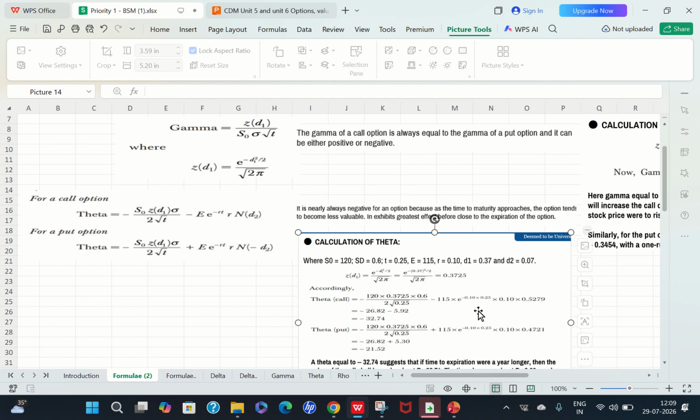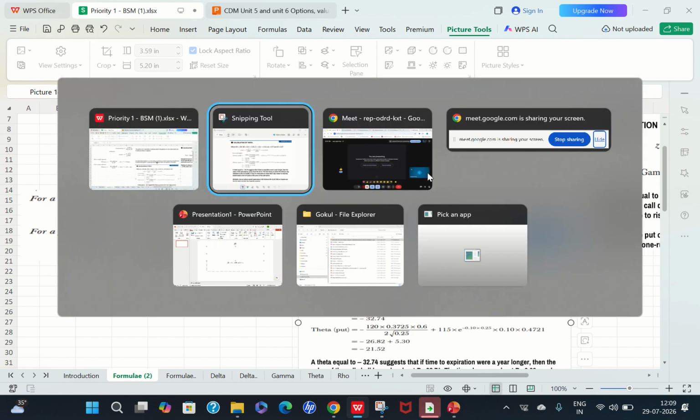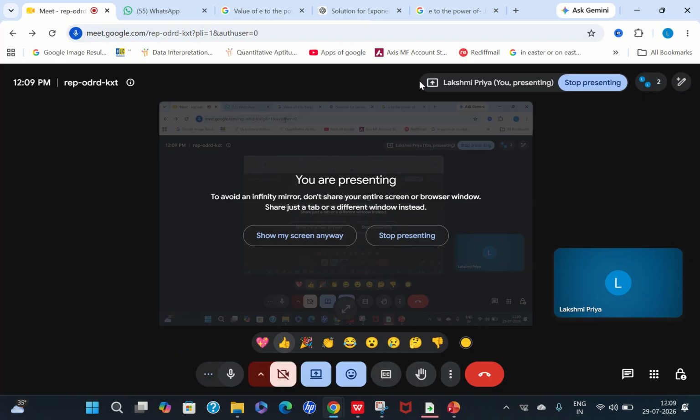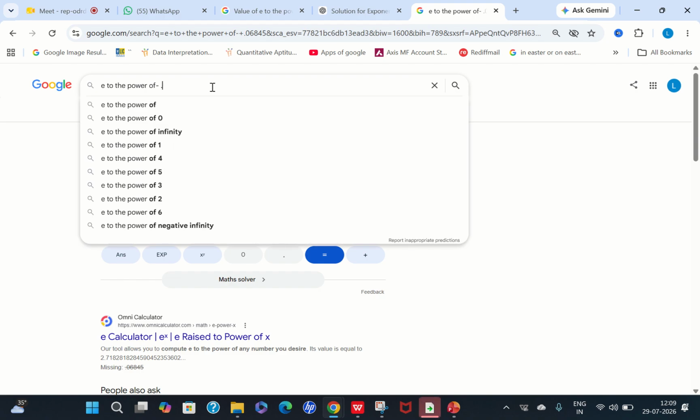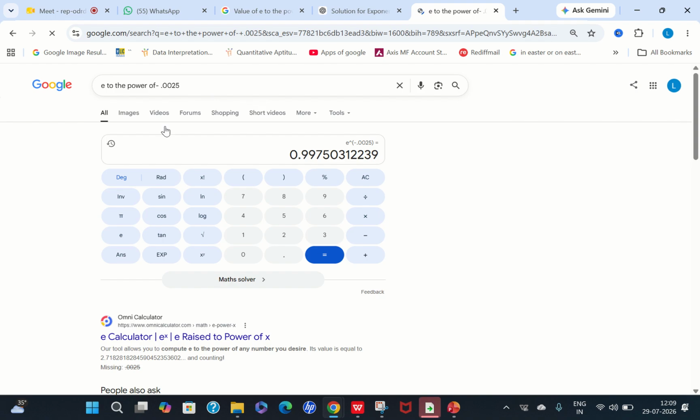What is 0.10 into 0.25? That is 0.025. So e to the power of minus 0.025, let's put it in. We are getting a value of 0.9975.